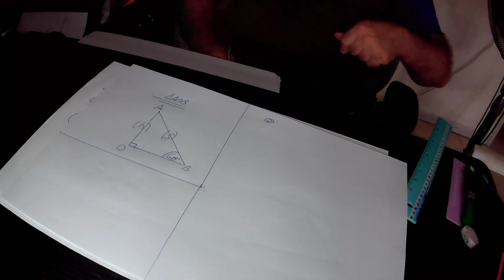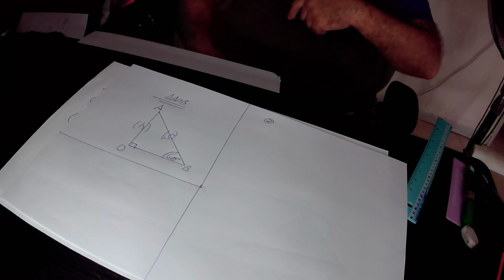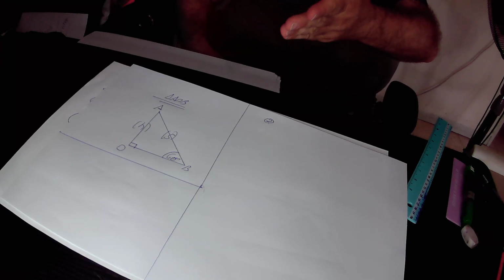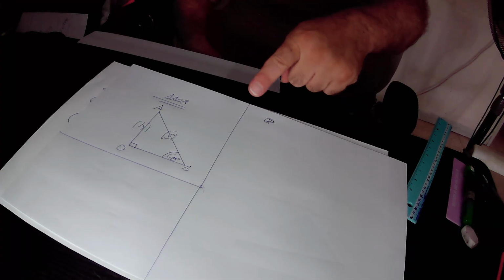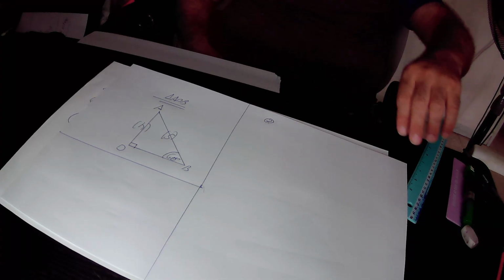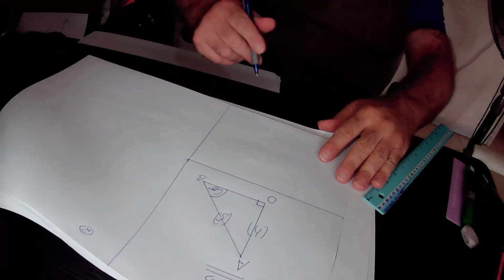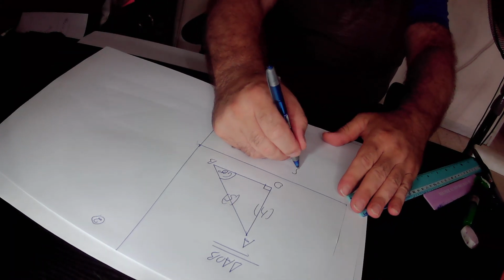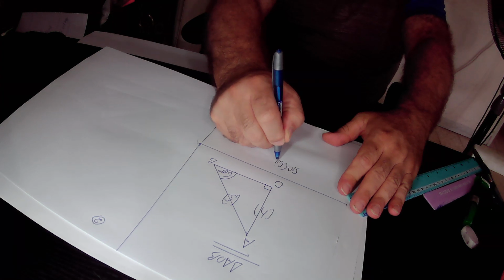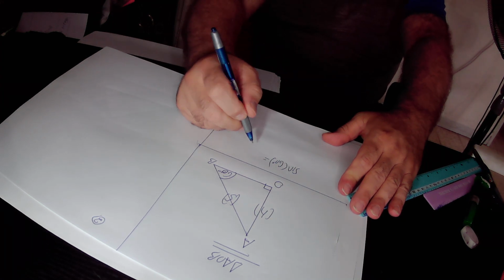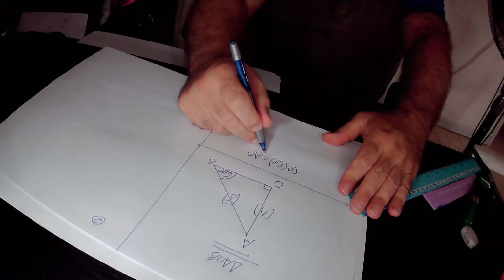So actually, this is the right green triangle, triangle AOB, that is coming from the original drawing. In this right triangle AOB, sine 60 degrees equals AO over AB. So I'll write it down: sine 60 degrees equals AO over AB.